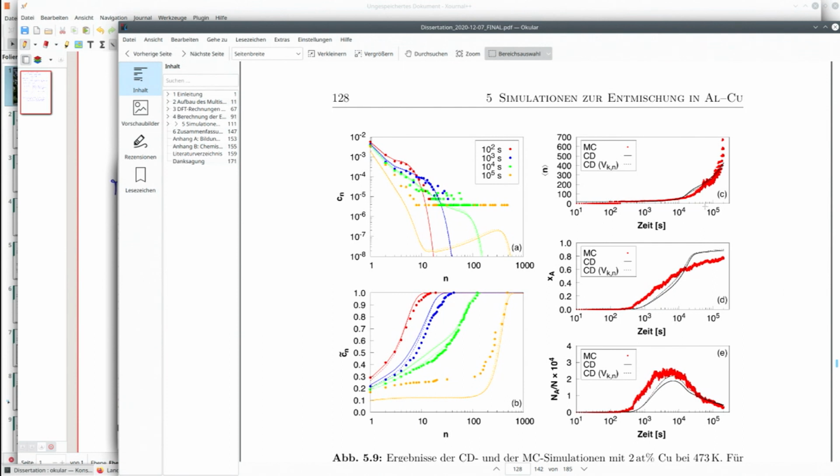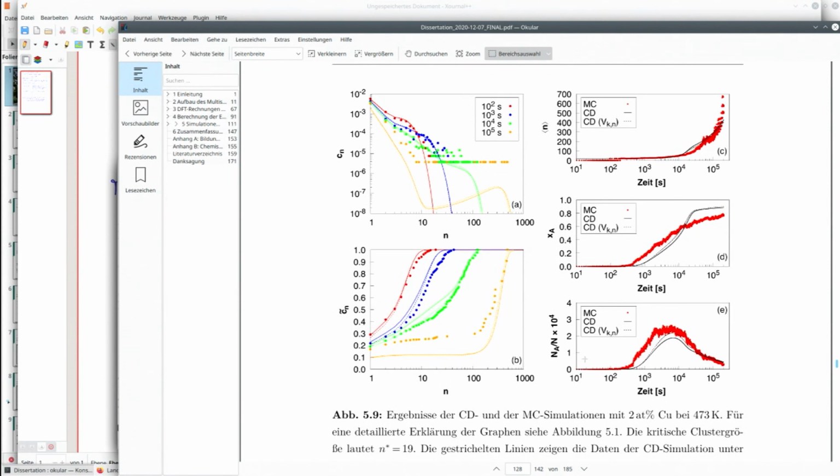So that's the average cluster size here from Monte Carlo and from this cluster dynamics. This, I think, is the precipitated volume fraction. That's the cluster density, which first goes up if you form nuclei, and then it goes down again.